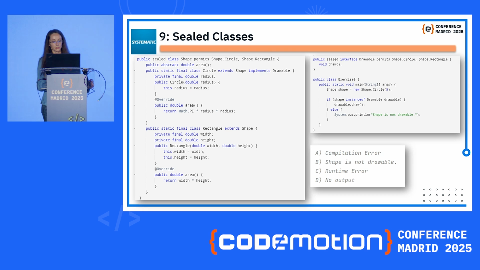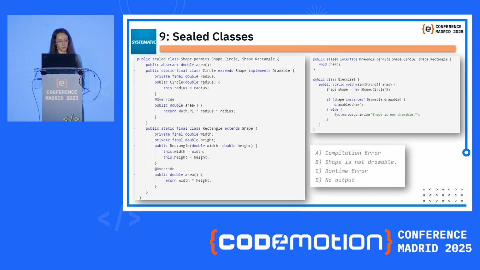In this specific Java code snippet, I try to demonstrate some advanced usage of sealed classes with nested sealed classes. And we have over there the class Shape, which is declared as sealed, and it permits Circle and Rectangle. Then we have an abstract method declared as area. Then we have the nested class Circle, which extends Shape, which implements Drawable.